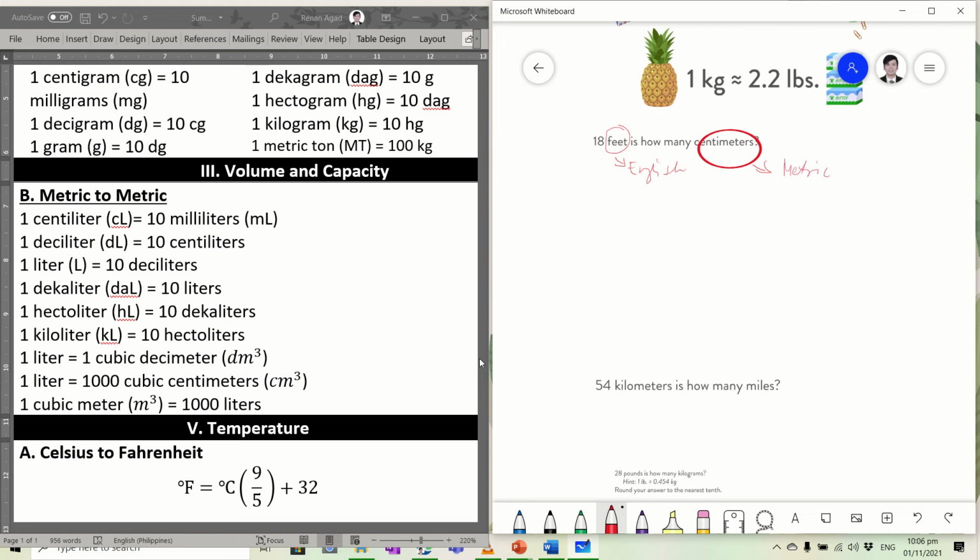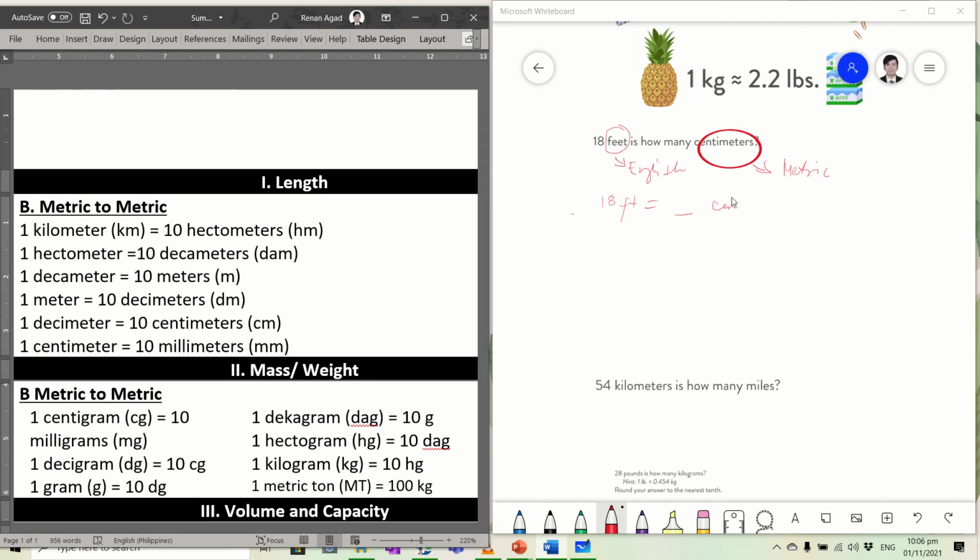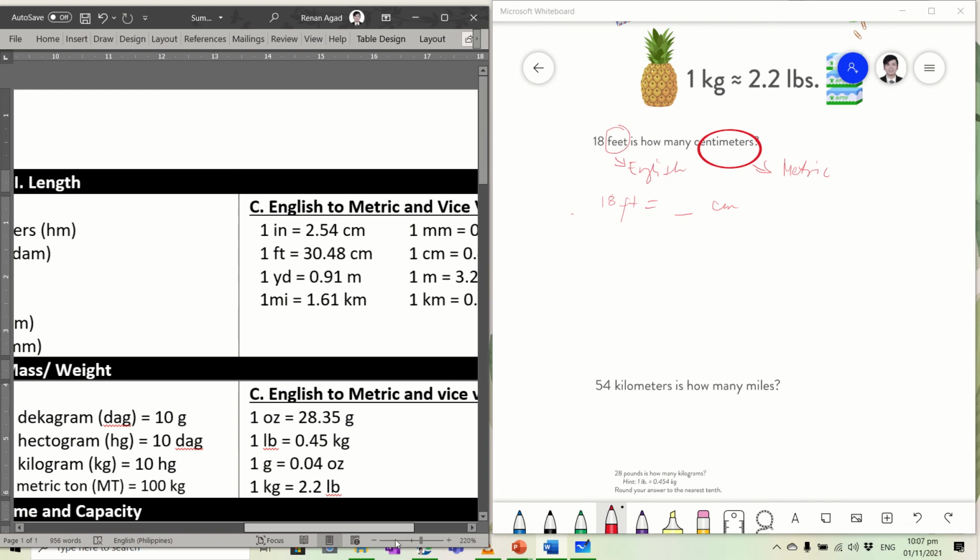So what we do right now is like saying 18 feet is equal to blank cm. Feet and cm are both length, so in our conversion factors, we go to length. It's English to metric, so we go here.